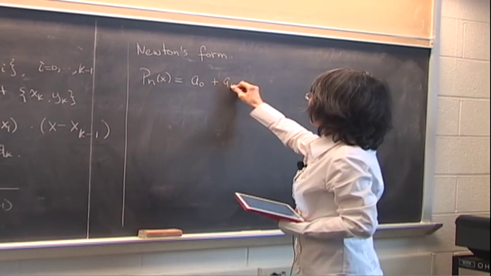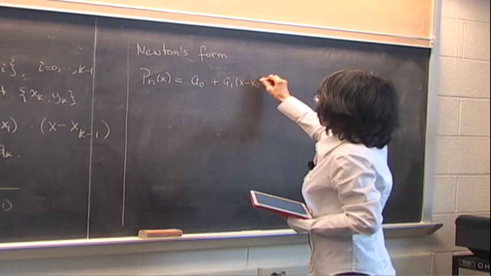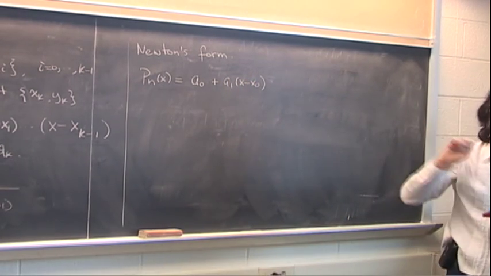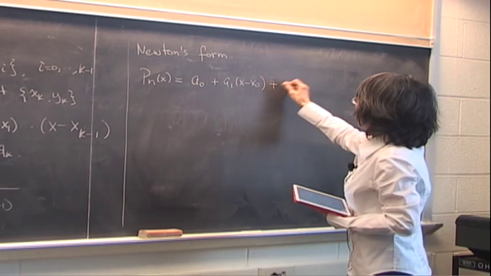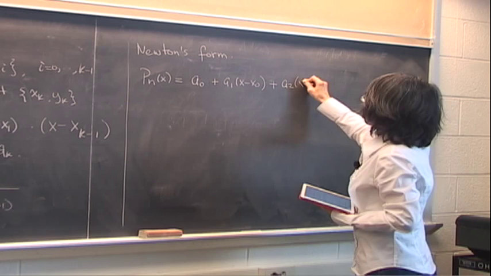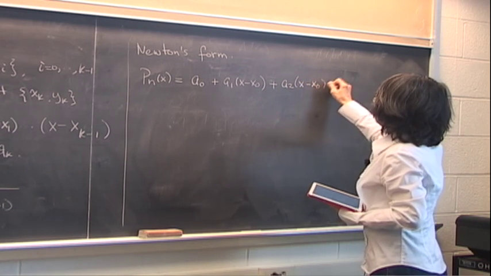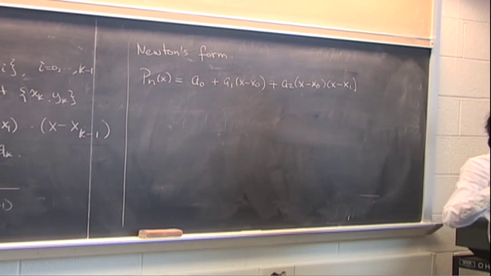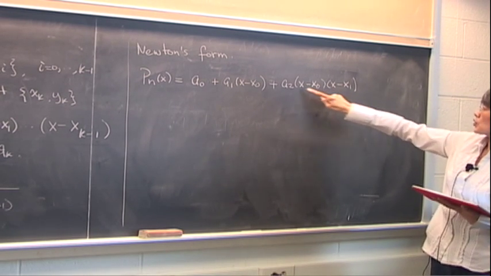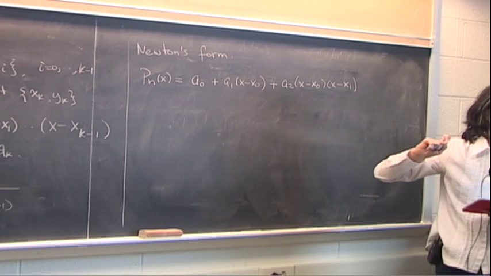So this will be A1 of x minus x0. Now this is P1, right? So from here, how do I get P2? Well, I add another term. I take A2, and then I multiply this by one more term.